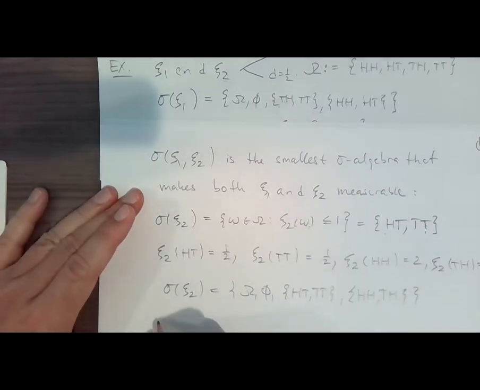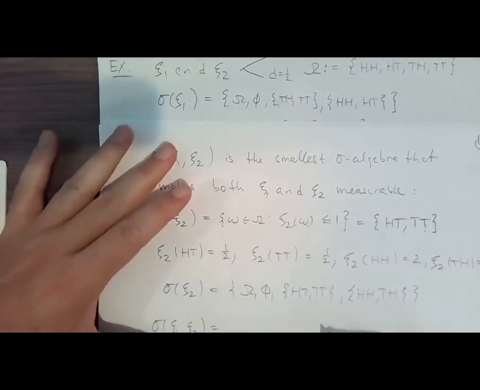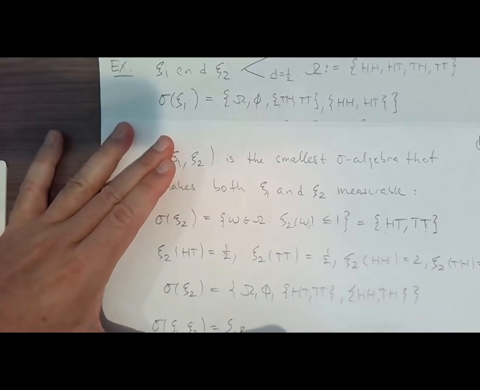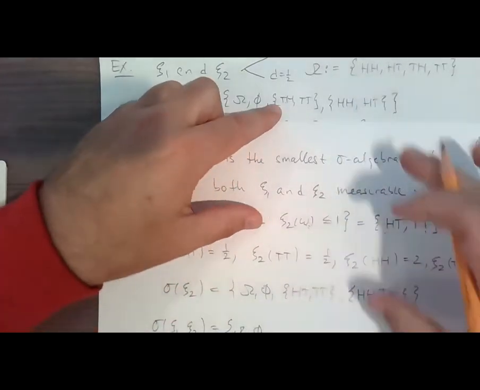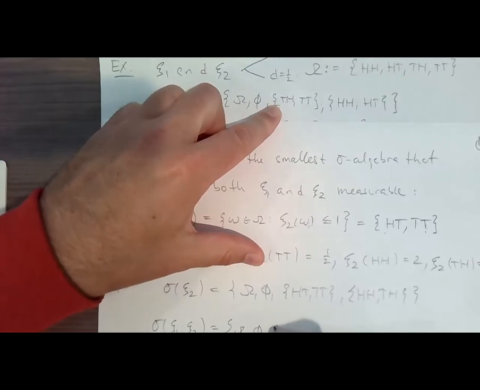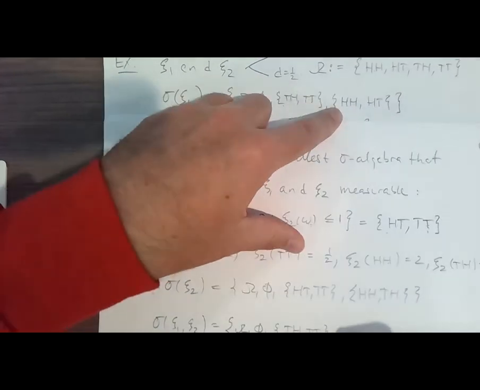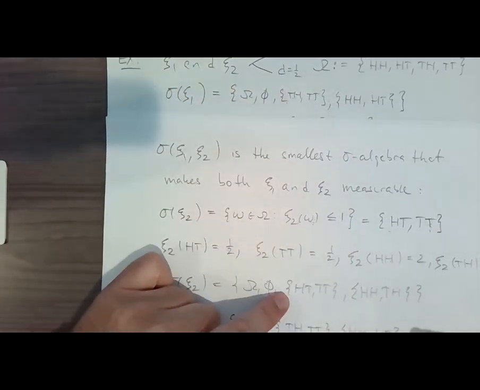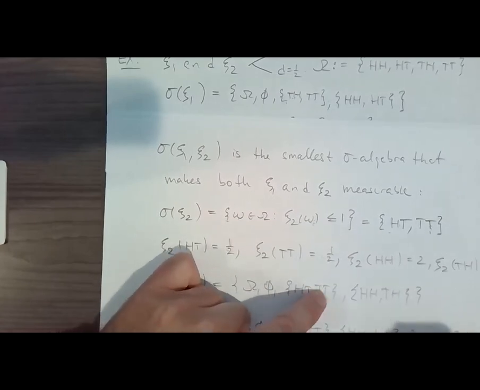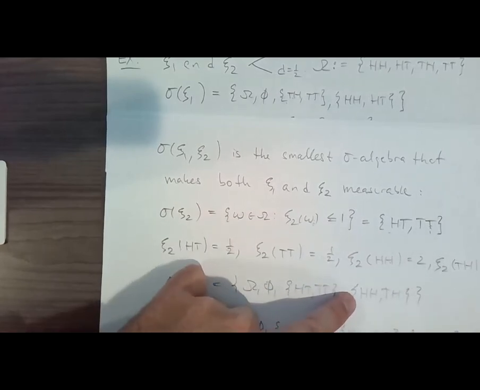So sigma of psi1, psi2 is going to be equal to omega, the empty set, and then both of these. TH, TT, HH, HT, HT, TT, and then this one.